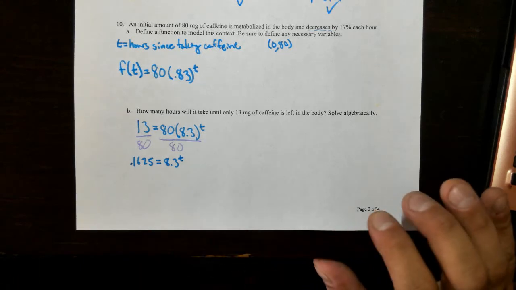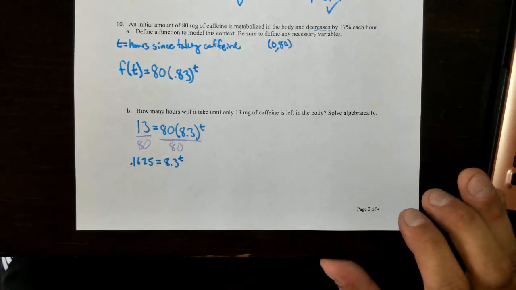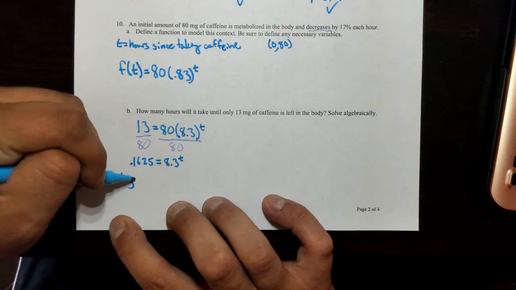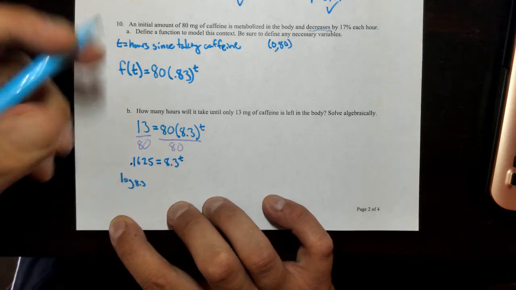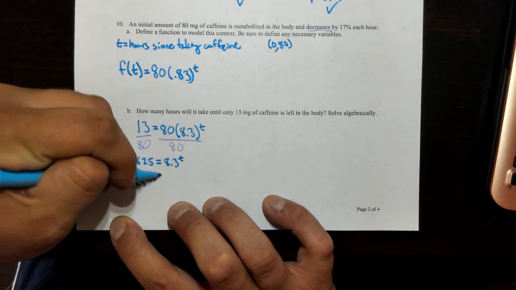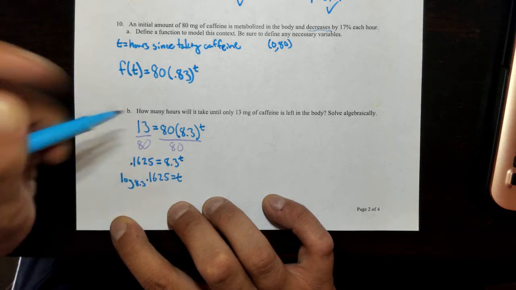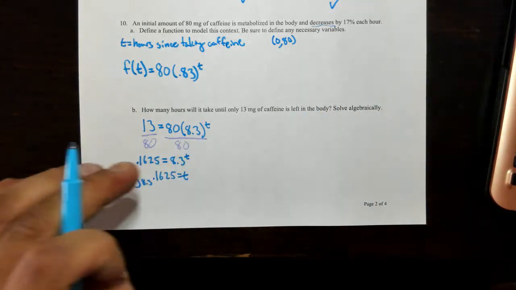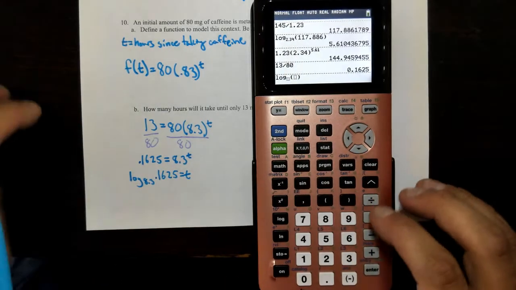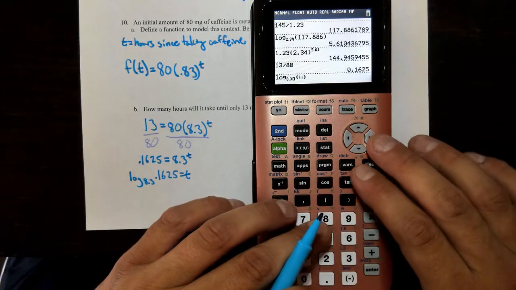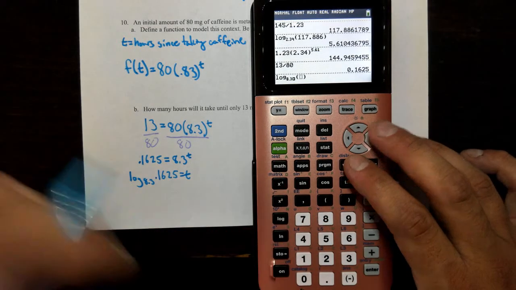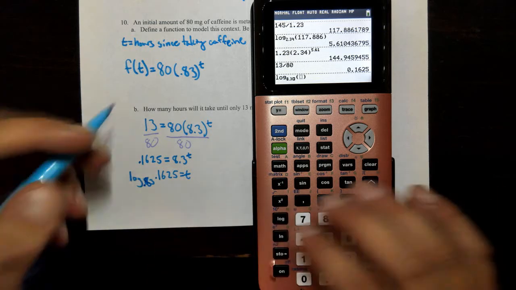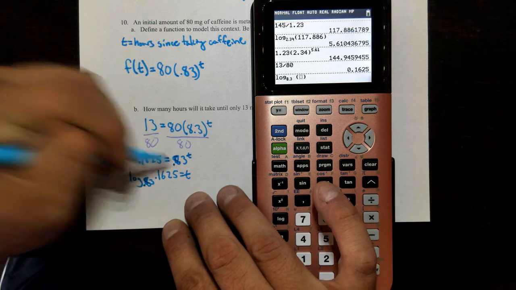Okay. So now we can put it into log form. So we say log base 8.3 of 0.1625 equals t. And let's see what that gives us. Oh, I'm sorry, 0.83. I was wondering about that. 0.83.